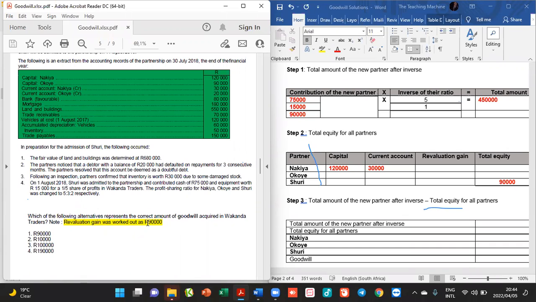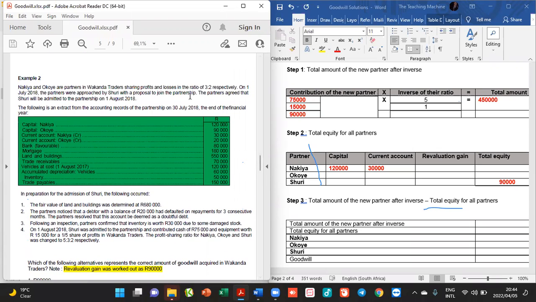Now we need to split this 90,000. How are we going to split it? The information says Nakia and Okoye are partners in Wakanda Traders sharing profit and losses in the ratio of 3:2 respectively. That means Nakia will get 3 of the total portion, and the total portion is 5. Why 5? 3 plus 2 is equal to 5.